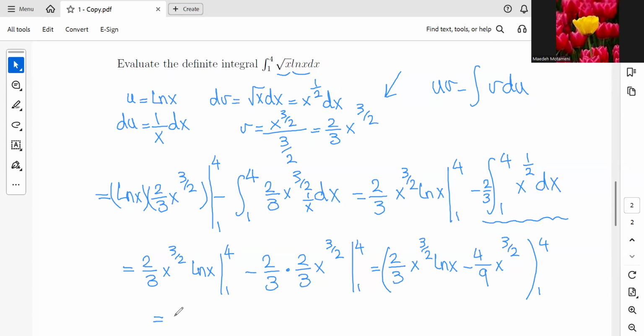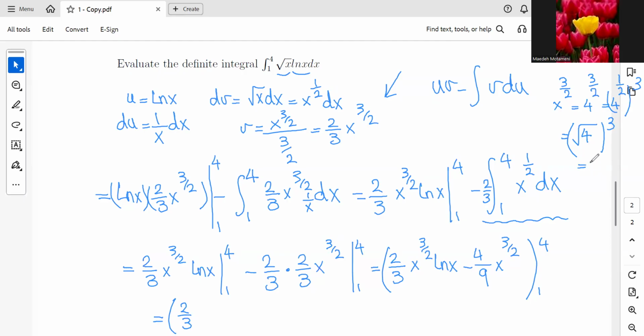So if you would like to plug in 4, you would have 2 over 3 times x to the power 3 over 2. x is 4 here. So we have 4 to the power 3 over 2. It means that you are going to write 4 to the power 1 over 2, all to the power 3, because this is square root of 4, all to the power 3.